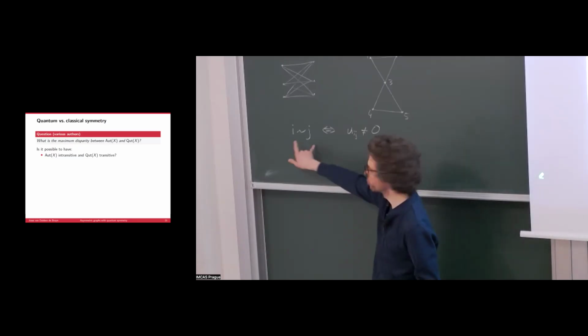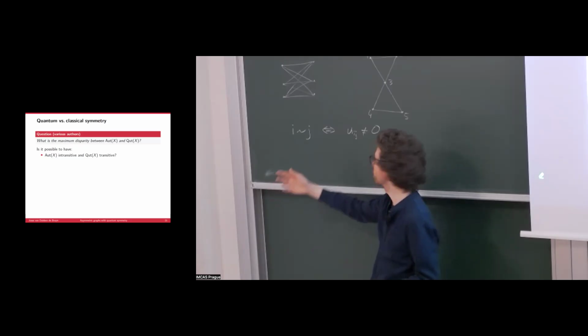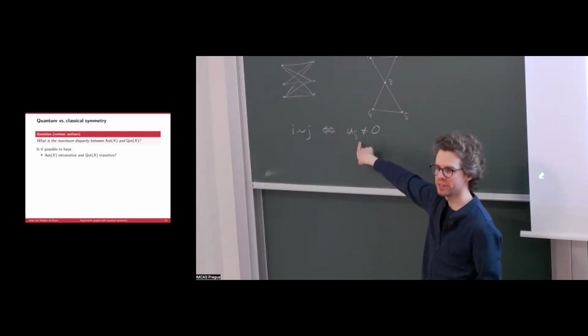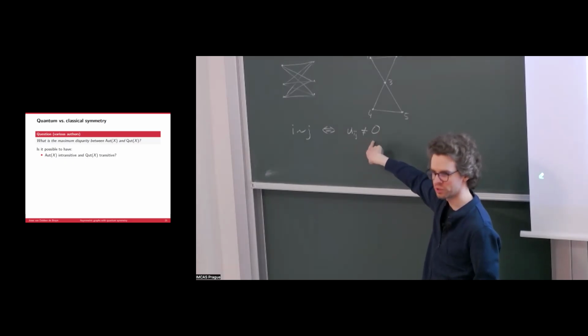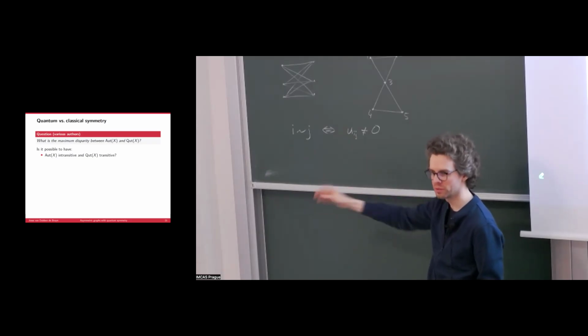Then you define two vertices to be in the same orbit if and only if uij is not zero in the quantum automorphism group. And then you can show that this is an equivalence relation, so it's transitive.